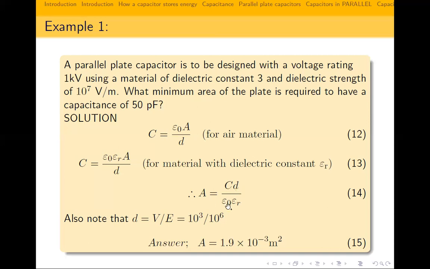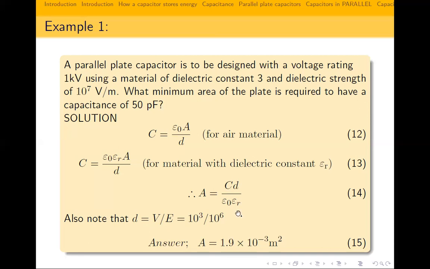Epsilon naught is a constant, which we already know, and the relative permittivity is given as 3. So this D is not given directly, but we know that the distance between the plates is equal to voltage over electric field strength. In other words, electric field strength is voltage over distance. So we use this expression to calculate your distance D.